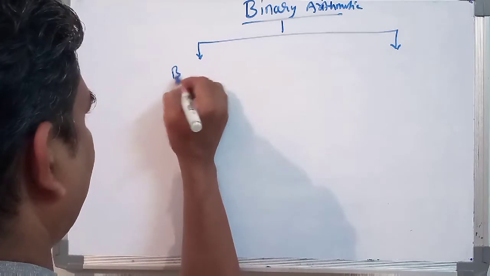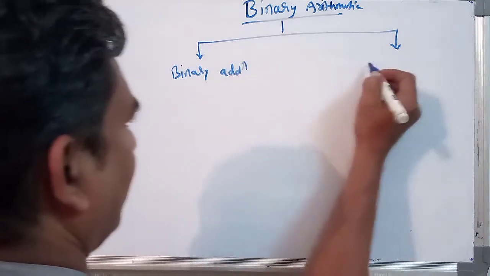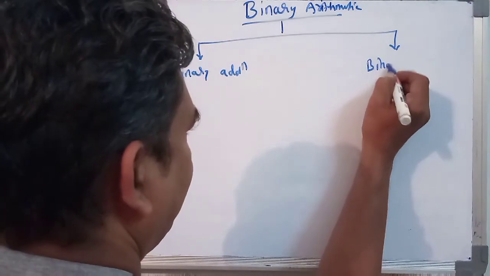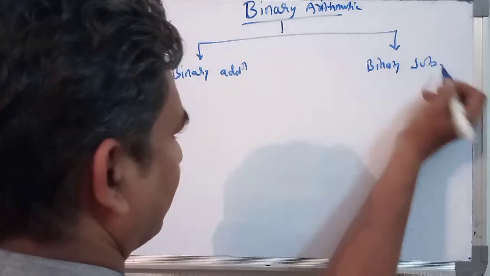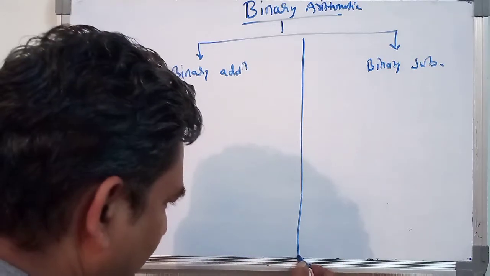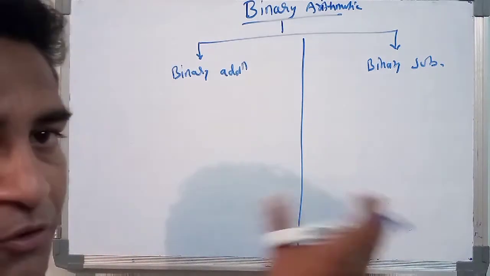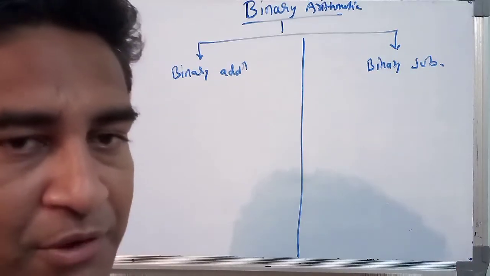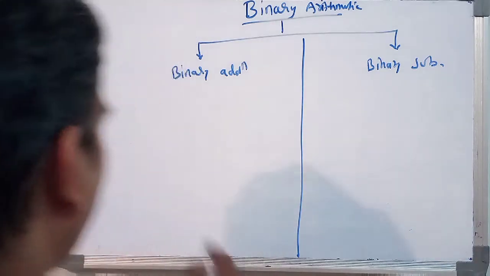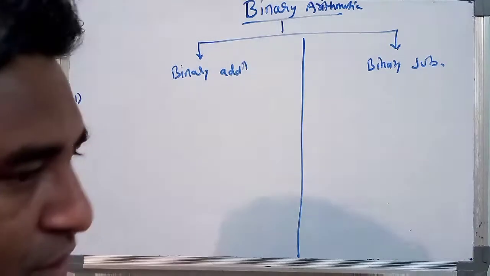Here we will take both simultaneously, addition and subtraction, so that you may understand by comparison how the value changes. So, the first rule for binary addition.